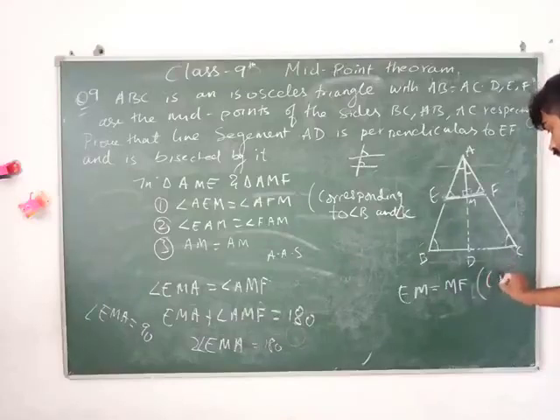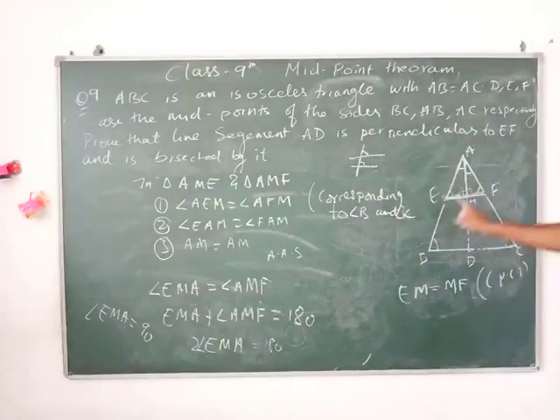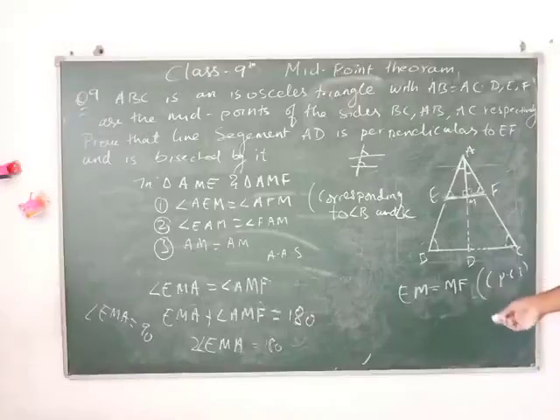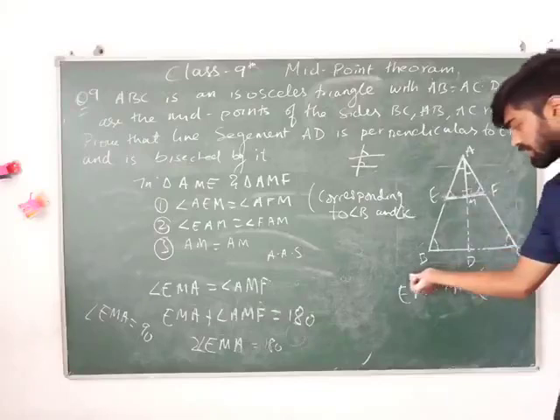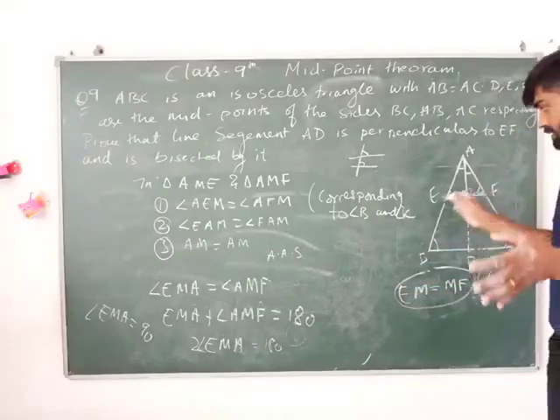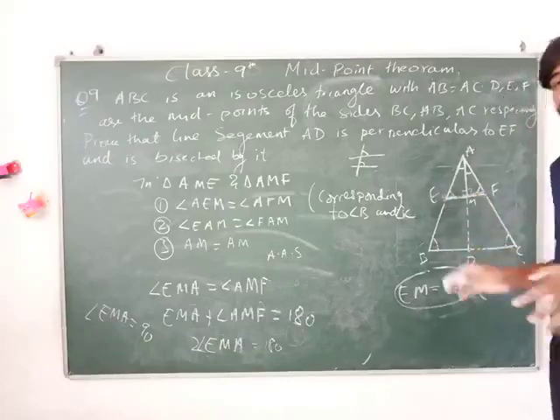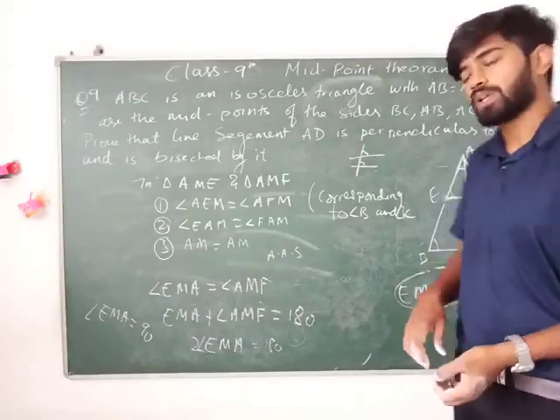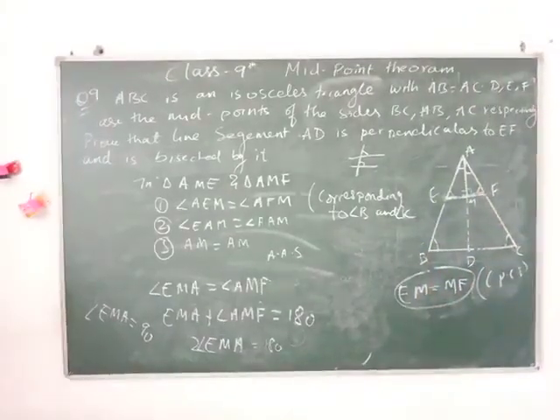By CPCT, because when I proved these two triangles congruent, the parts of the triangles are equal by CPCT. So both things are proved: the angles are 90 degrees, and EM equals MF by CPCT, this side equals this side, and that's what I had to do. Okay, I hope you understood this. If you didn't, go back in the video and try understanding.